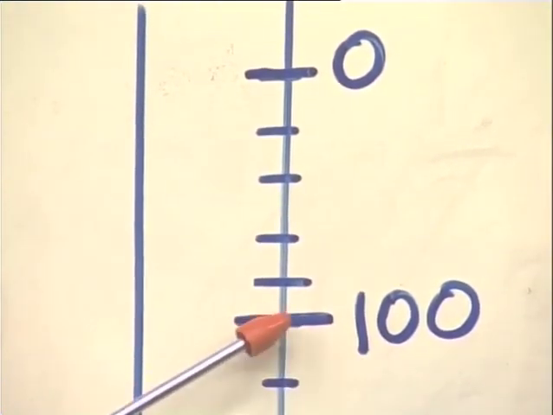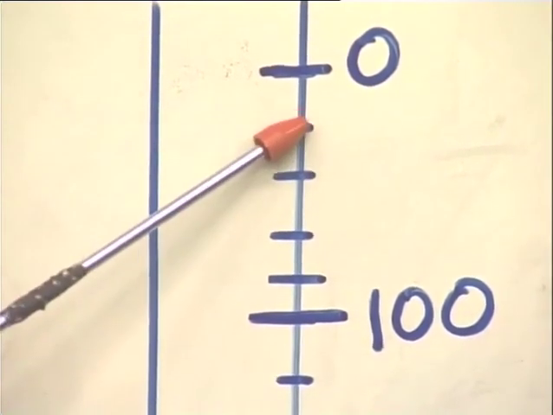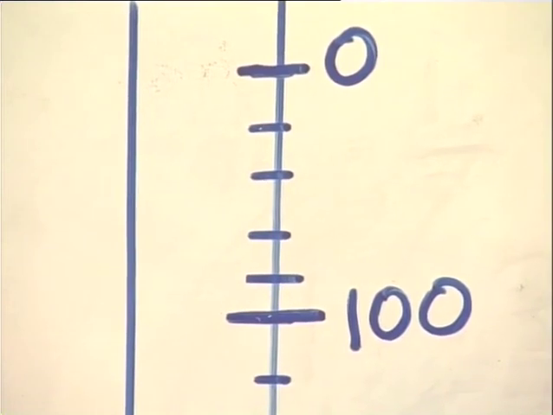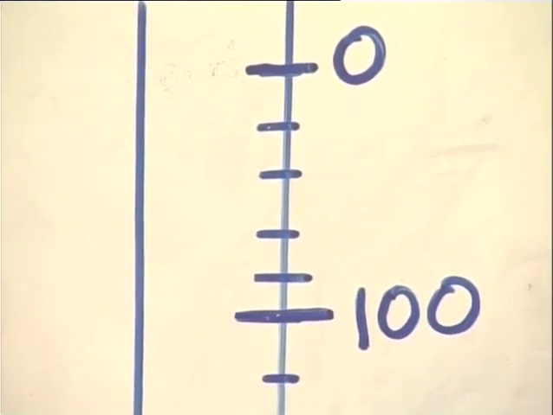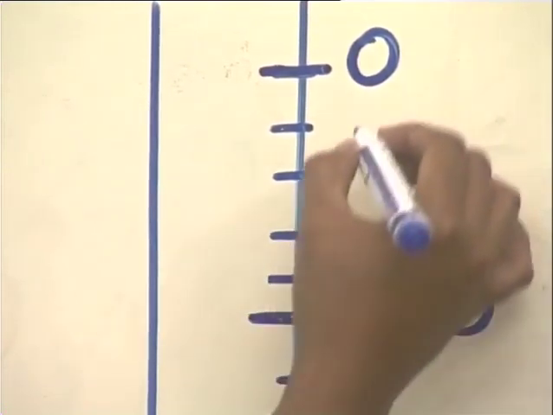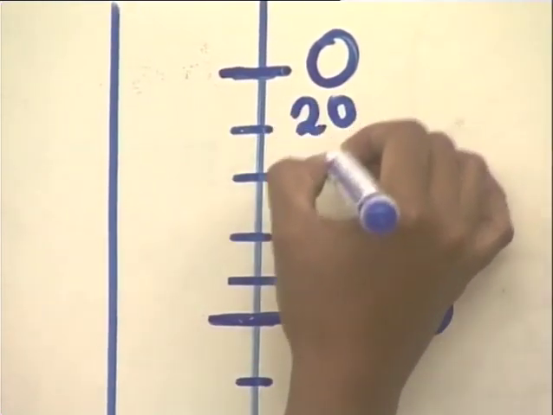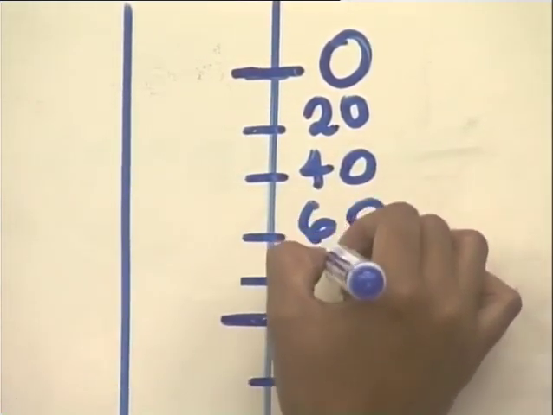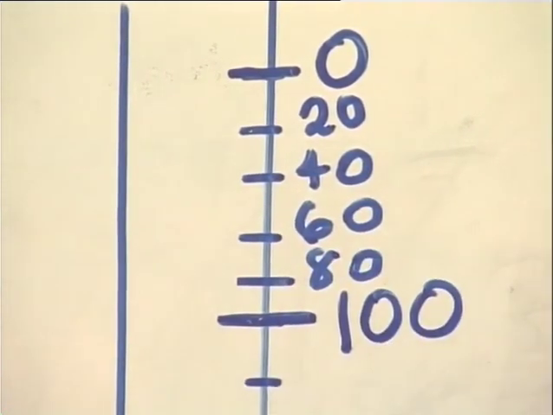So what do you think these divisions represent? Class? 20. So you're going to count by 20. So we have 20, 40, 60, 80, and 100.